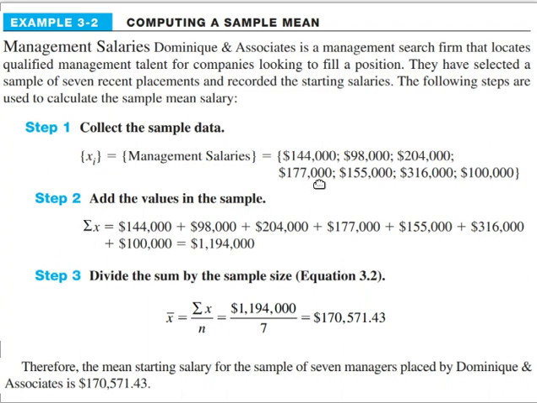We add all these numbers, 144,000 plus 98,000 plus 204,000 plus 177,000 plus 155,000 plus 316,000 plus 100,000, which is equal to $1,194,000.